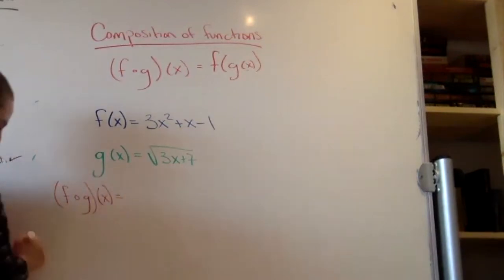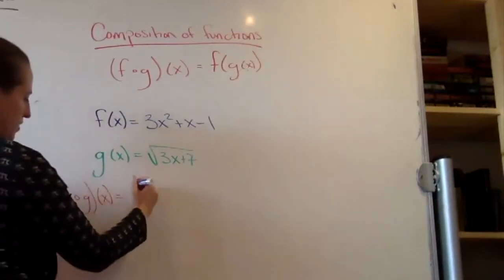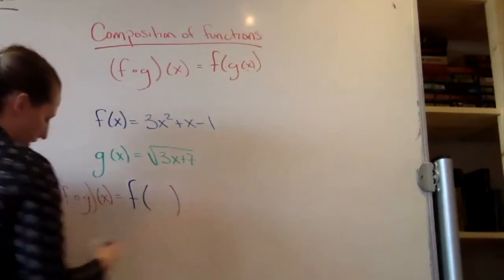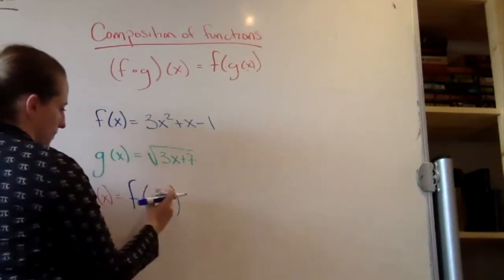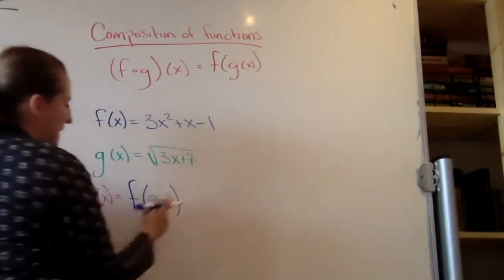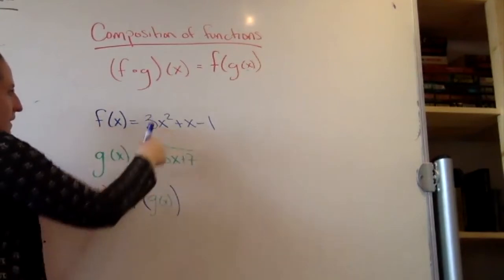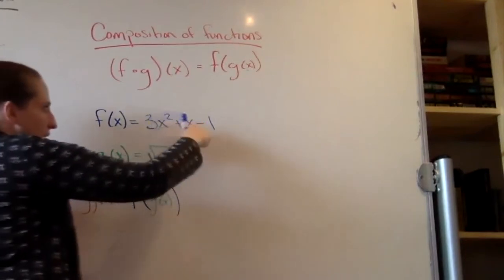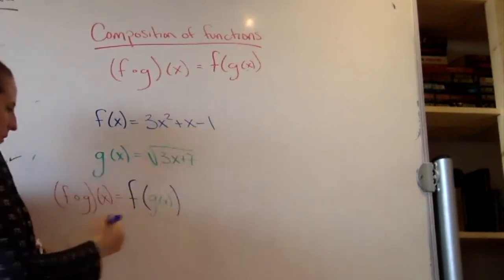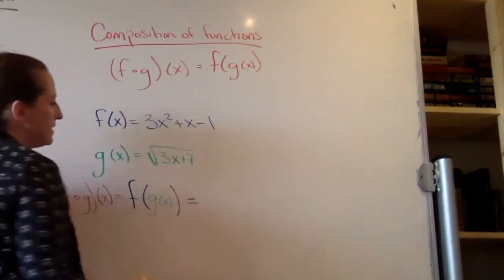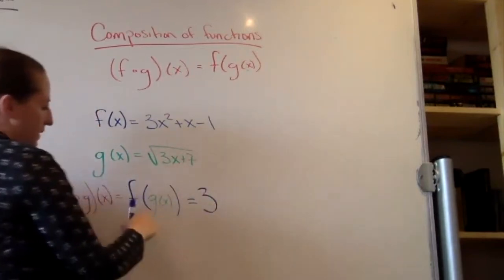Well, that means my function f is my outside function, and g is my inside function. So that means I'm taking g and plugging it into f. That is, everywhere here that I have an x, I'm going to replace that x with what g is equal to. A nice, easy way to do that is I'm going to rewrite f.